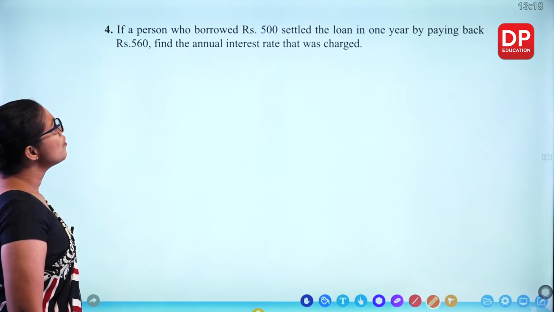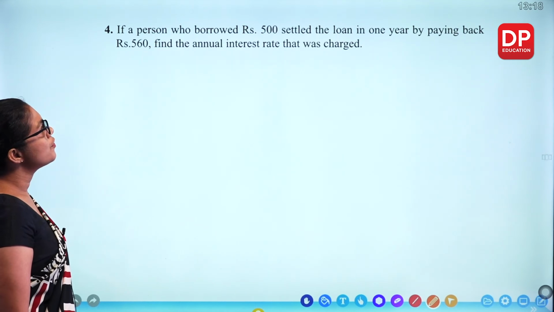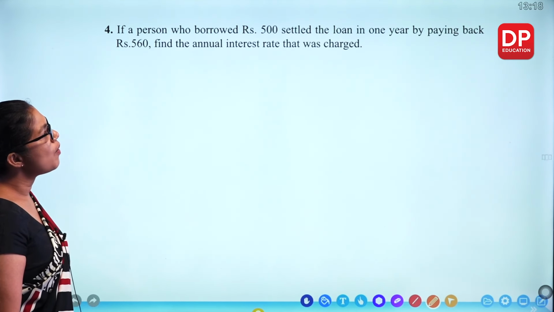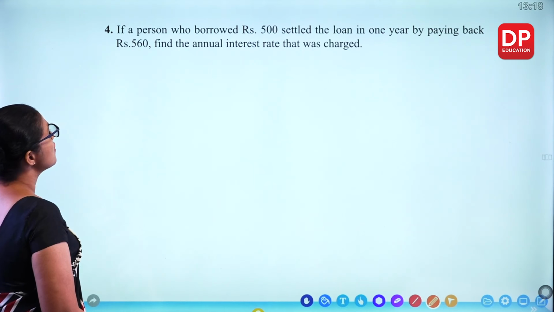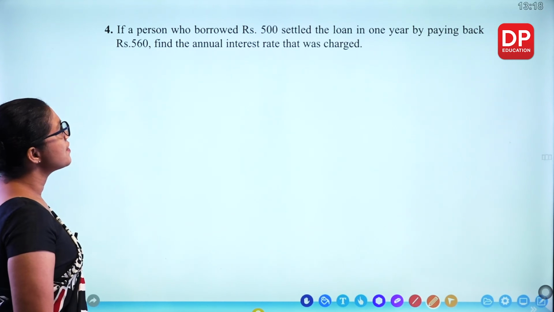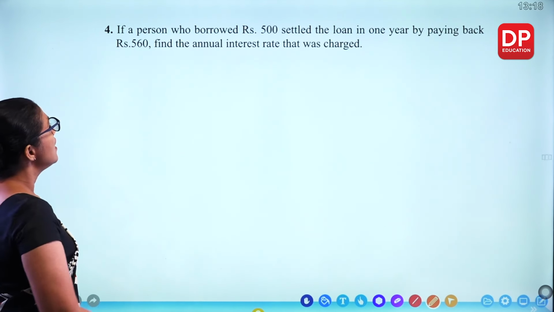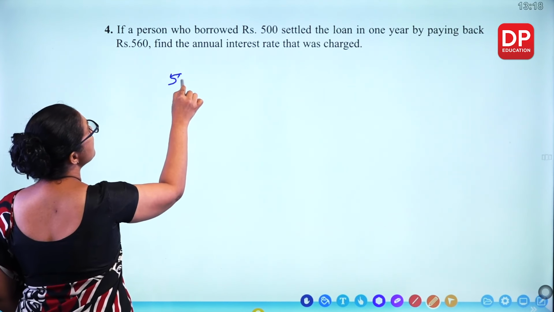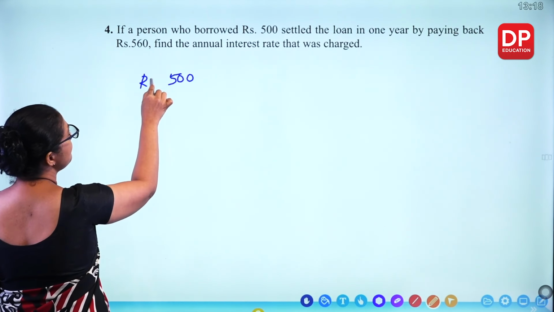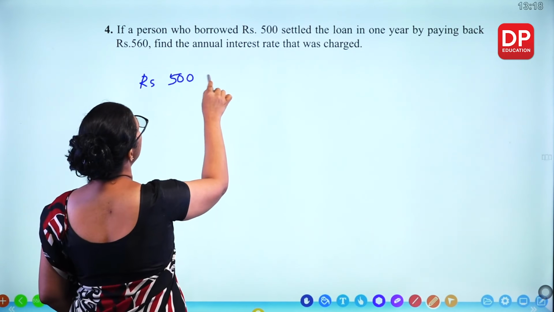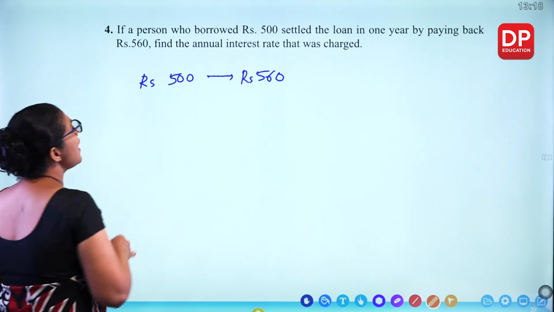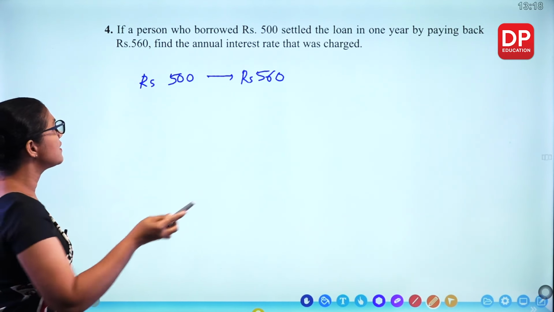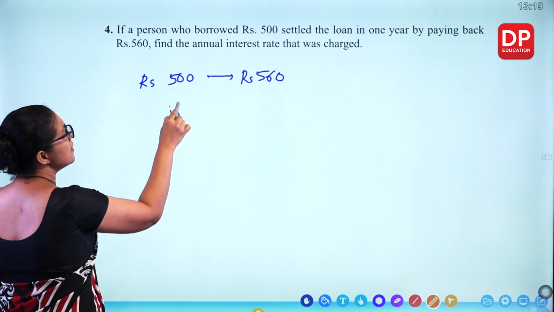If a person who borrowed 500 rupees settled the loan in 1 year by paying back 560 rupees, find the annual interest rate that was charged. So borrowed 500 rupees. Settled the loan by paying 560 rupees. Find the annual interest rate. So what's the interest paid?